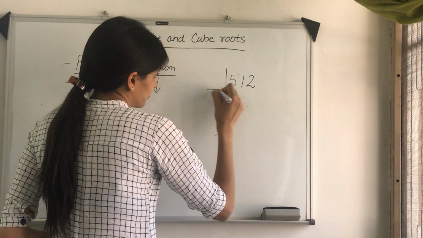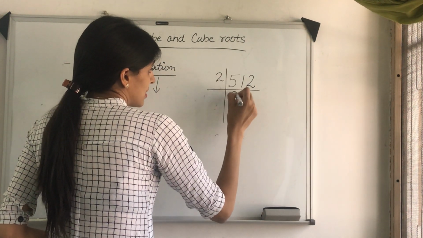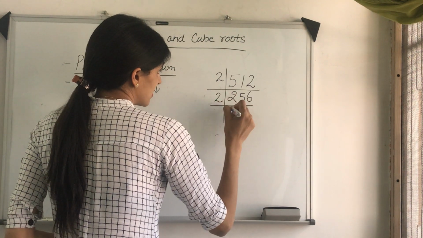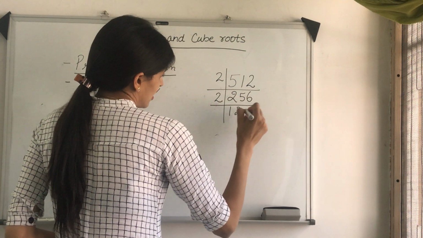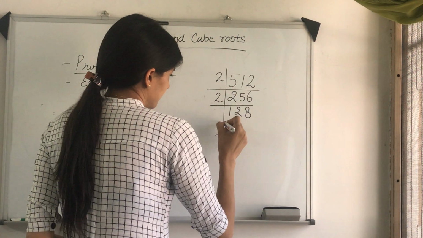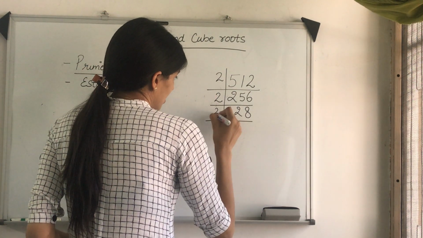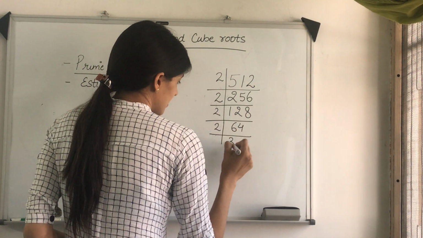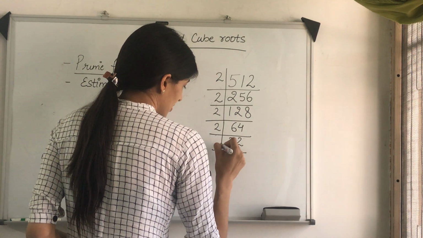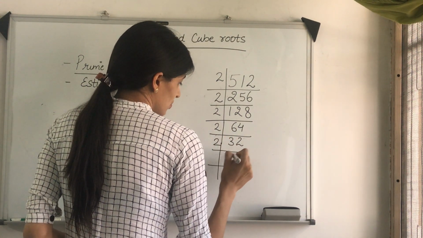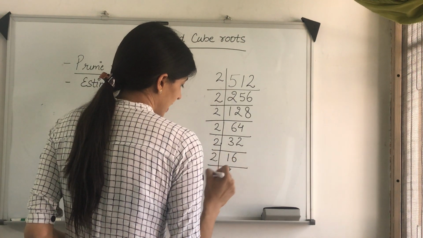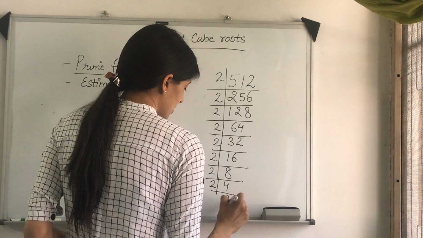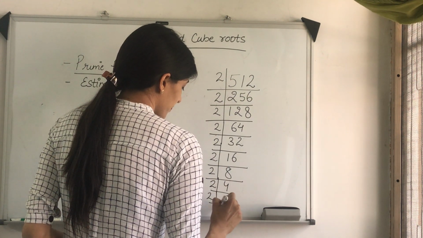So 2 2s are 4, 2 5s are 10, 2 6s are 12. 2 1s are 2, 2 2s are 4, 2 8s are 16. 2 6s are 12, 2 4s are 8. 2 3s are 6, 2 2s are 4. 2 16s, 2 8s, 2 4s and 2 2s are 2 1s are.